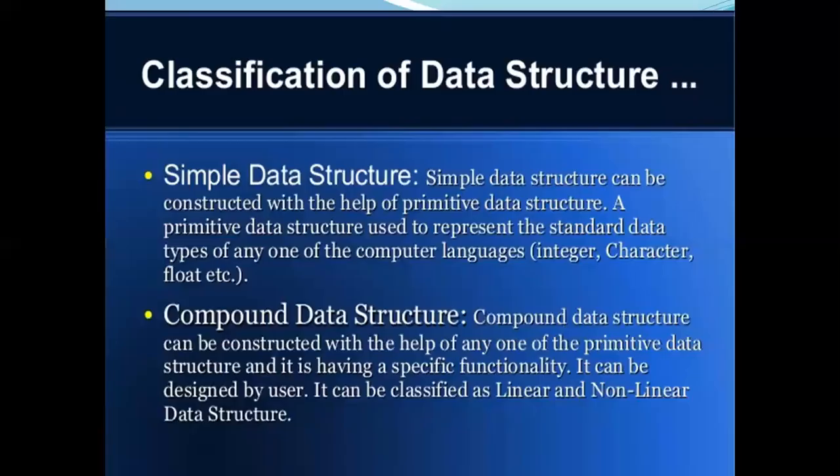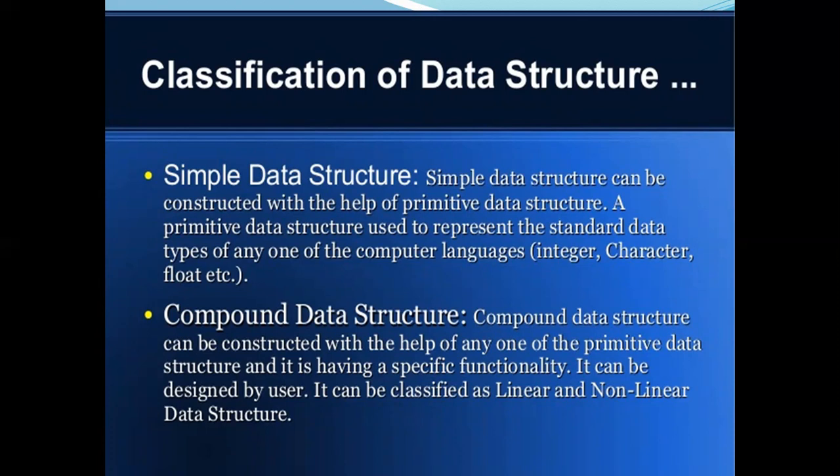What is the difference between simple and compound data structure? A simple data structure can be constructed with the help of primitive data structure. A primitive data structure is used to represent the standard data, that is integer, character, float, etc. So this is called simple data structure. Compound data structures are designed by the user with the help of primitive data.